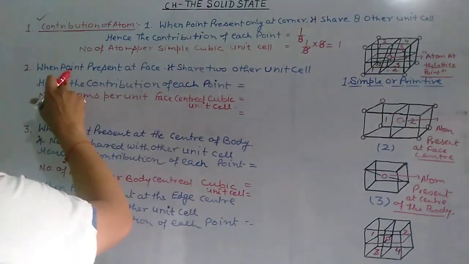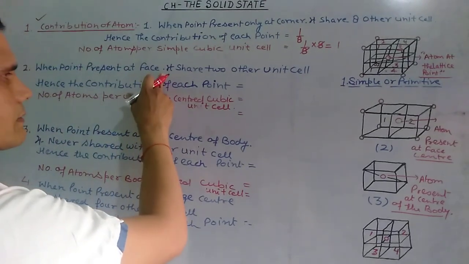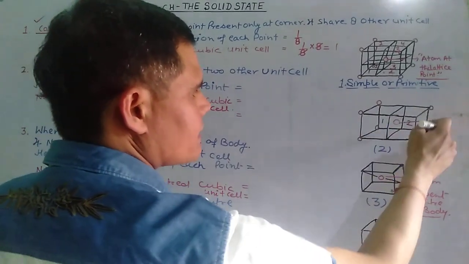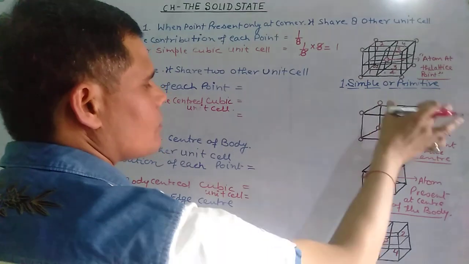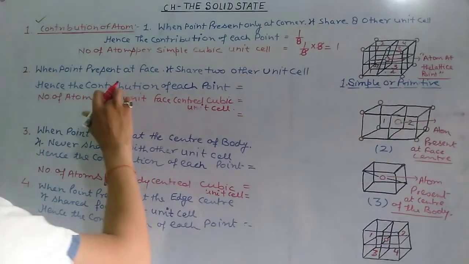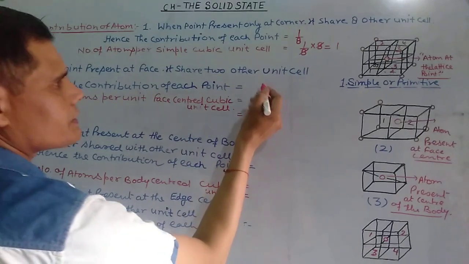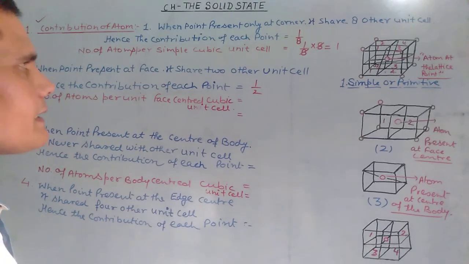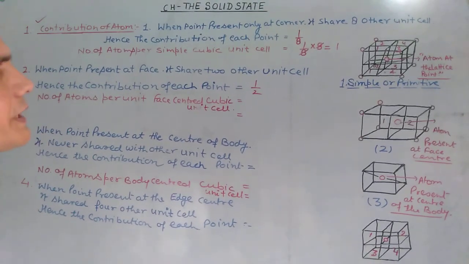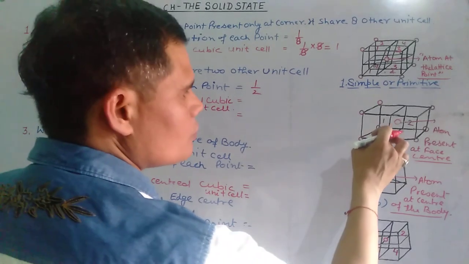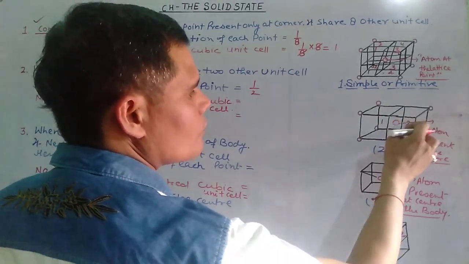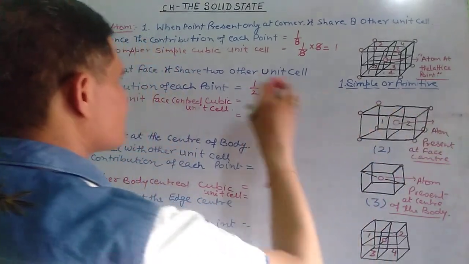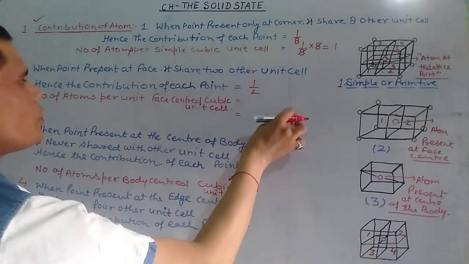In the second case, when a point is present at the face and at the corner, the contribution of each point will be 1 upon 2, because each point is shared with 2 unit cells, 1 and 2, which is represented by the second structure. Hence the contribution of each point is 1 upon 2.